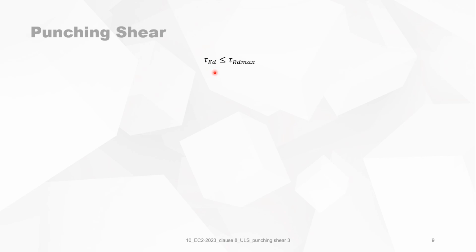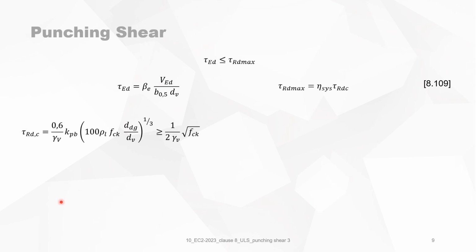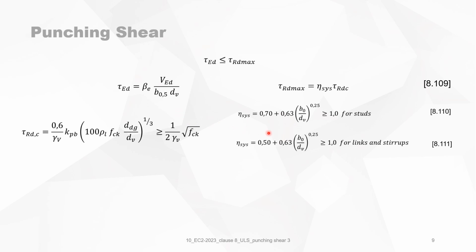It means that tau_Ed must be smaller than tau_Rd,max. Remember, tau_Ed was equal to this formula, and tau_Rd,max is proportional to tau_Rd,c, and the factor is eta_c. Tau_Rd,c, just for your reminder, is equal to this formula, and eta_c is for studs this formula, and for links and stirrups, the other formula.